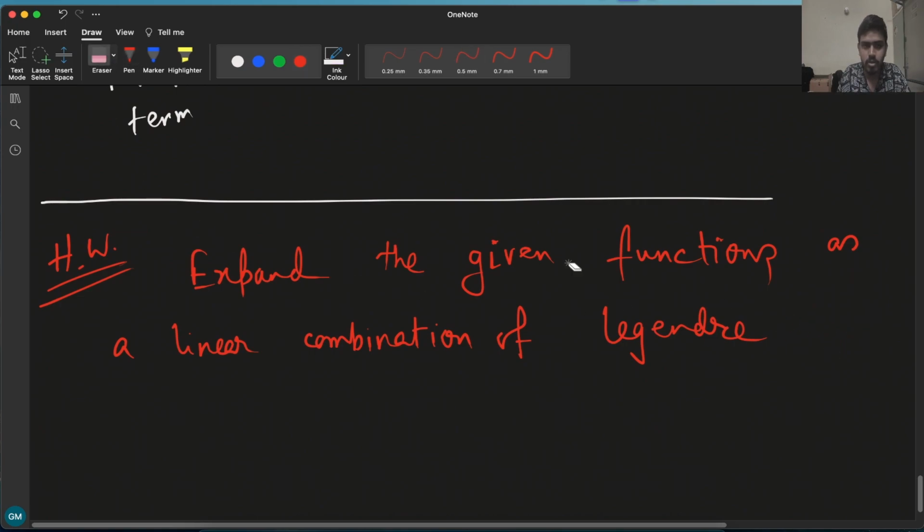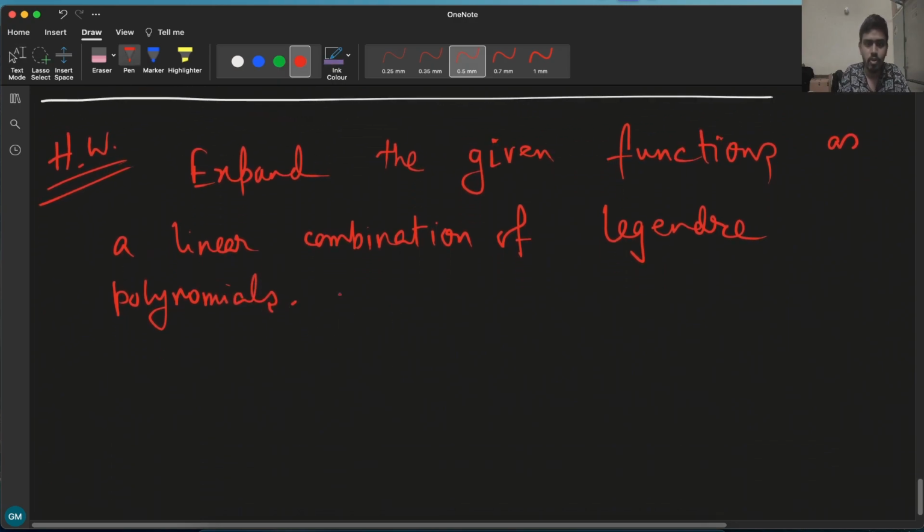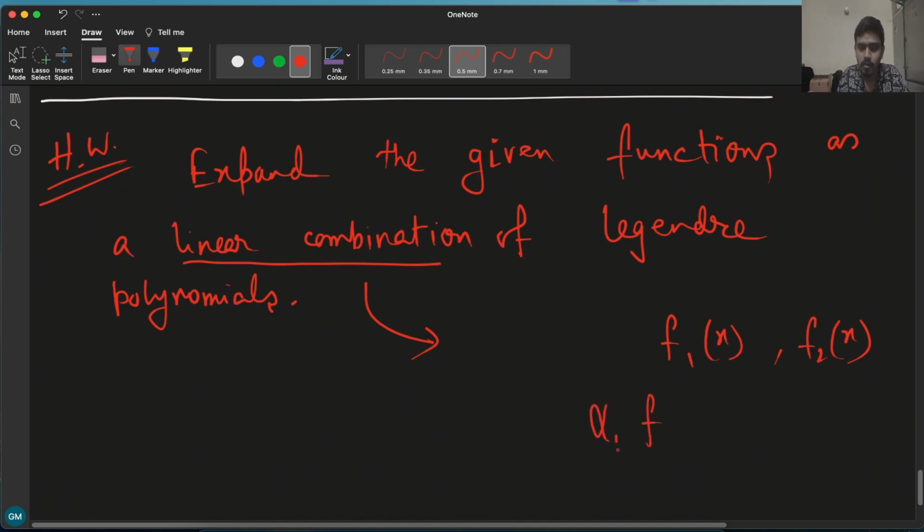What do we mean by linear combination? For example, if there are two functions f1(x) and f2(x), then the linear combination of f1 and f2 is basically α1 f1(x) plus α2 f2(x), where α1 and α2 are constants.